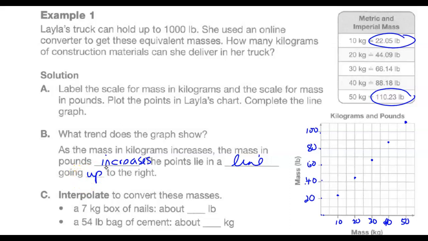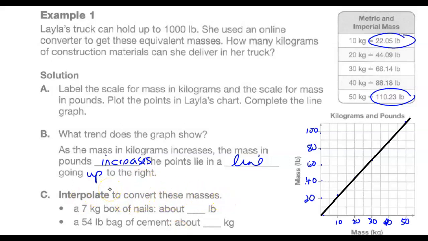Now I'm going to join this up with a line here because you can have part of a kilogram, right? You can have decimals. So this is actually represented by a straight line. And then we can use that line to answer some questions. It says interpolate to convert these masses.